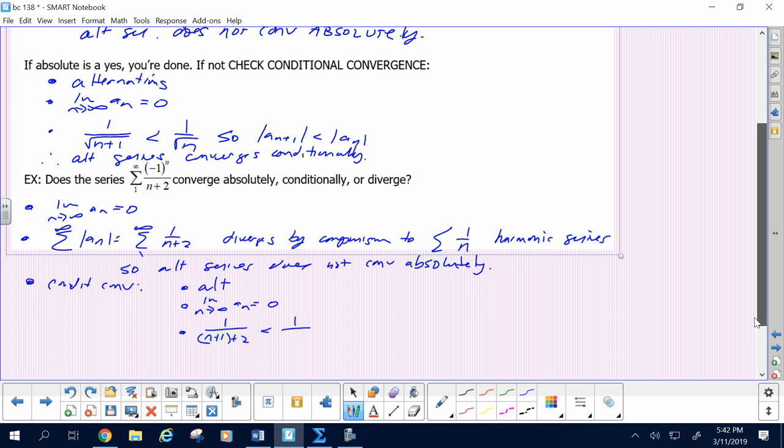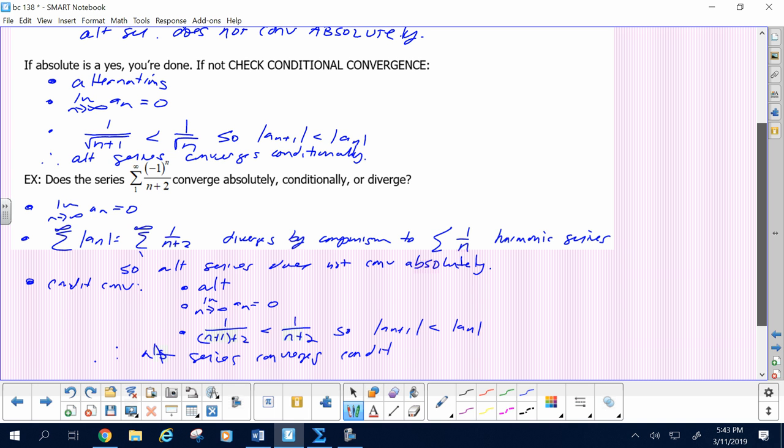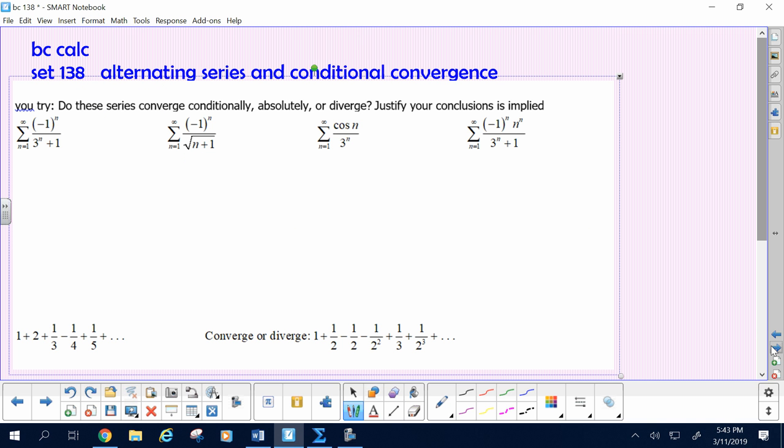And that is less than the nth term, which is in the series itself, n plus 2. So it is the case that the terms decrease. Therefore, we can conclude the alternating series converges conditionally. Okay, that's what we're looking at.